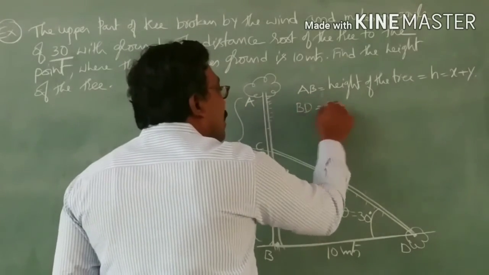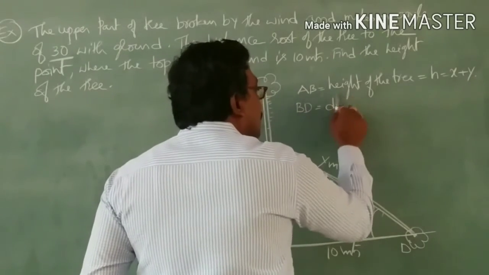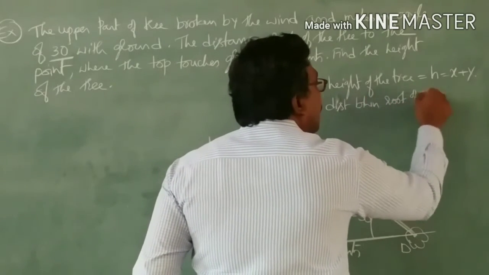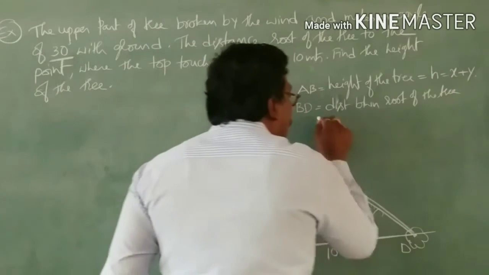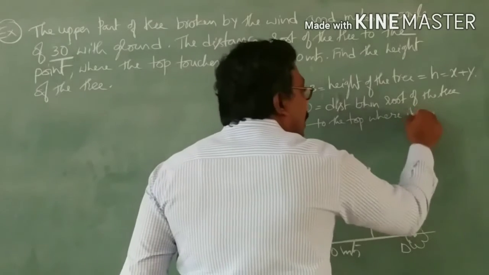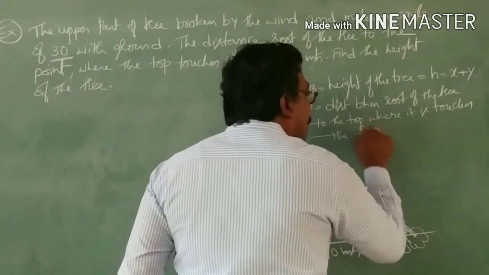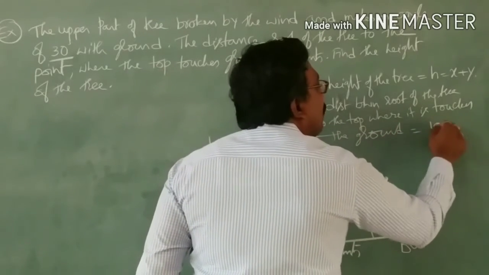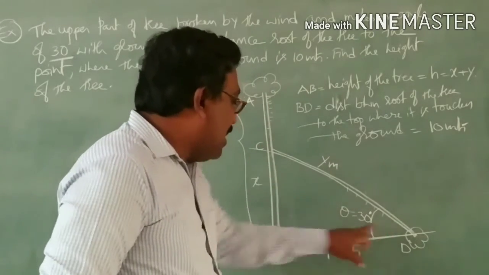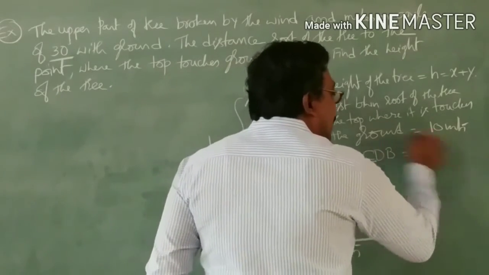BD, already it is given: the distance between the root of the tree to the top where it touches the ground is equal to 10 meters, and angle CDB is equal to 30 degrees.